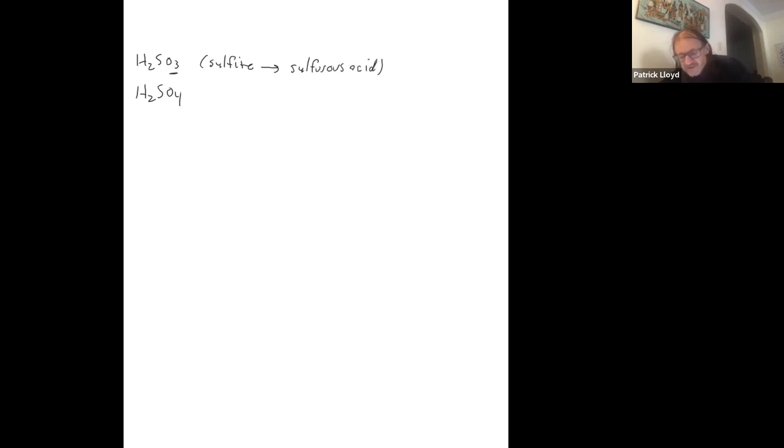And so that's the name, sulfurous acid, right? Ite goes to us acid. And then this one has 1 more oxygen, so it's sulfate. That's the name of the polyatomic ion. So the acid is called sulfuric acid, okay? So there's more examples of these where there's only 2 possibilities than there are where there's 4.